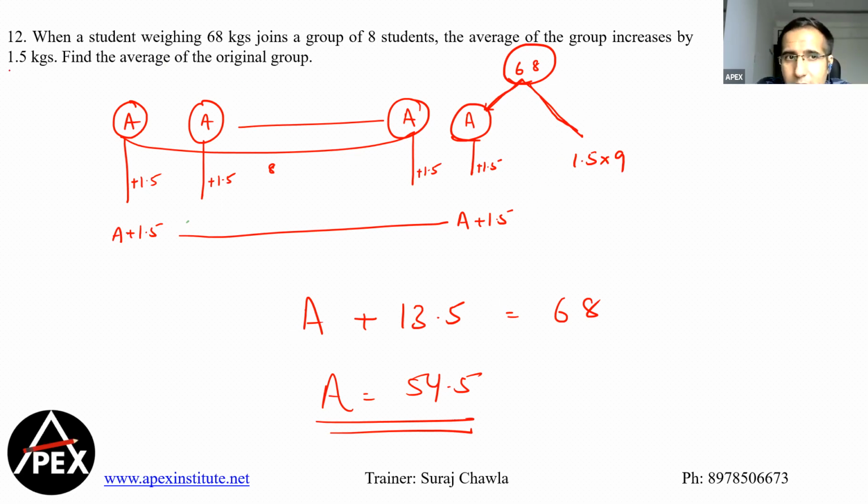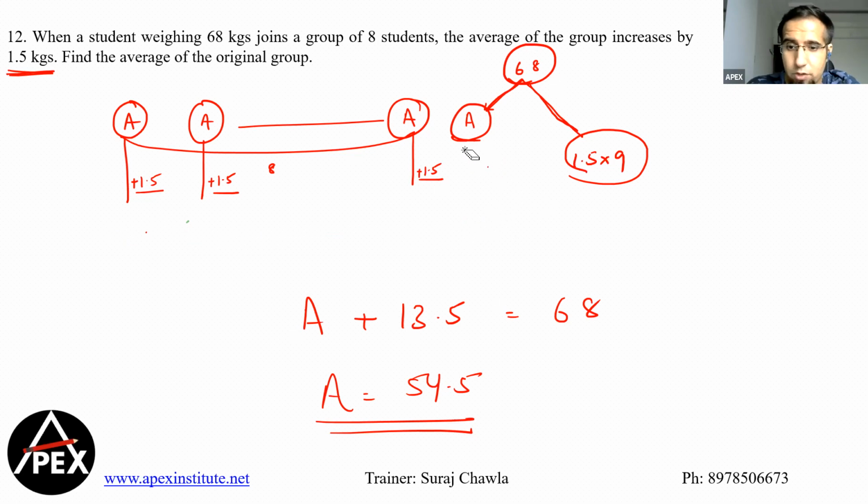Since I know everybody got 1.5 more, so 1.5, 1.5, 1.5, 8 people, including him. I think he distributed 9 into 1.5, including him. Average of the new group, not old group. Understood?